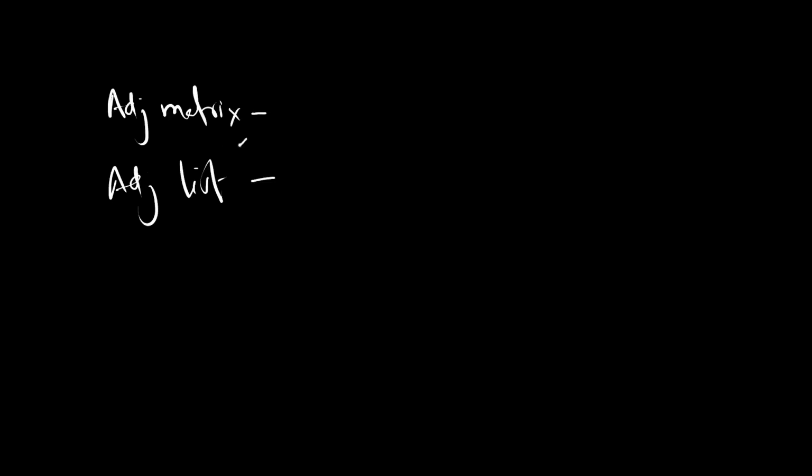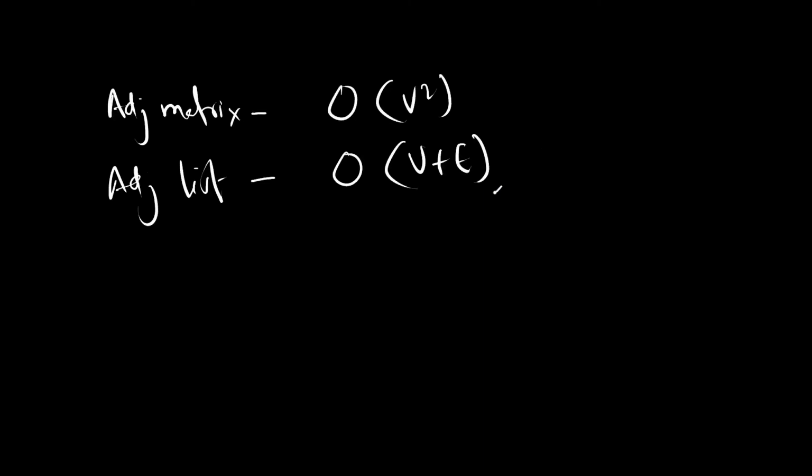Okay, so we have either an adjacency matrix or an adjacency list, right? If we have an adjacency matrix, it's going to take O(V squared), and if it is an adjacency list, it's going to take O(V plus E), right?